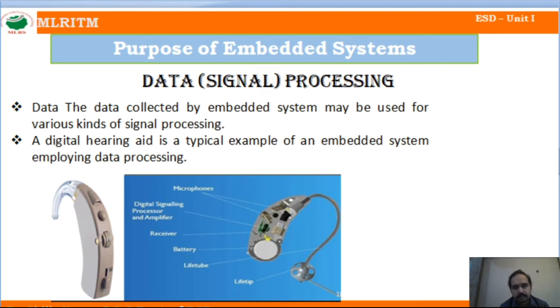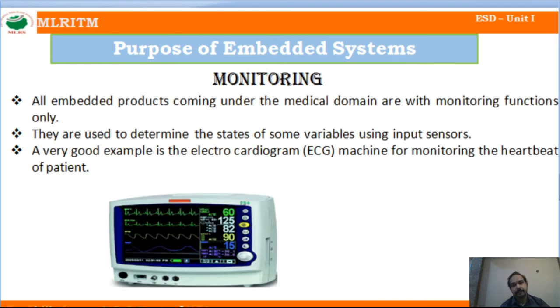A speaker. It will produce an amplified version of the original sound, so that the people having this hearing problem can hear. So that is the purpose of this hearing aid. This is an example for what? Signal processing application.